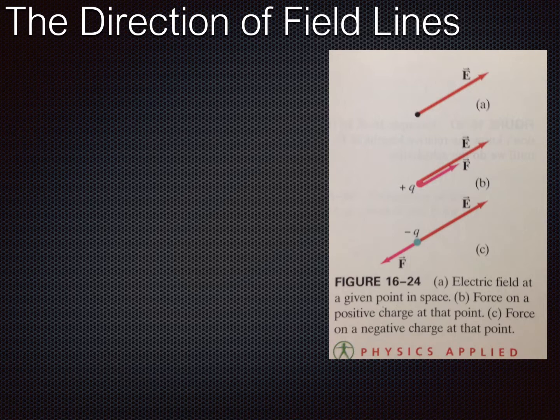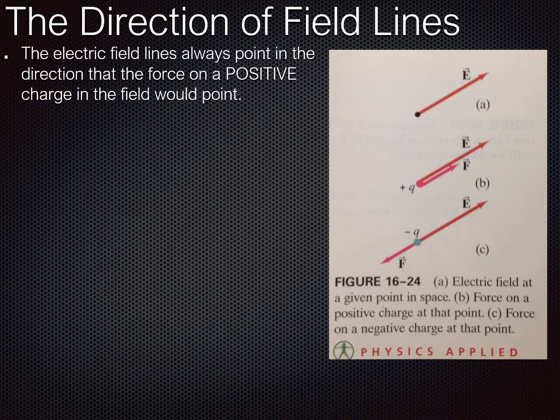And if we put a negative charge, then the electric force goes in the opposite direction. So remember, the electric field lines always point in the direction that the force on a positive test charge would point. That's why you can see for the positive charge the force and the electric field are parallel, and for the negative charge, the force and the electric field are what we call anti-parallel. They're pointing in the opposite direction from each other. So positive charges are always what we use as the test.